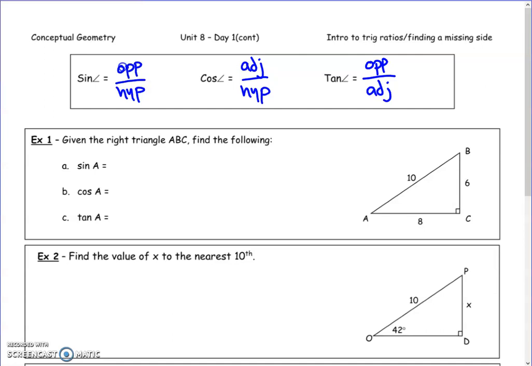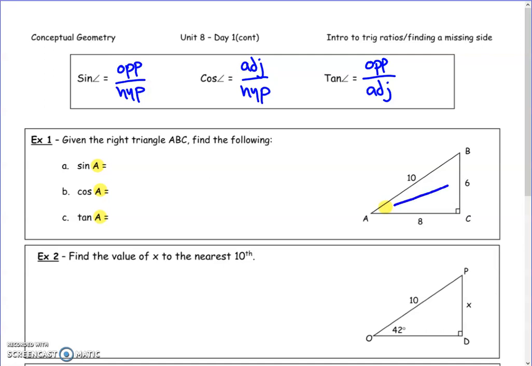In example 1, it says, given the right triangle ABC, find the following. Sine A equals, cosine A equals, tangent A equals. First thing I want you guys to recognize is what angle we are looking from. We're looking from angle A. That means I need to identify these sides.